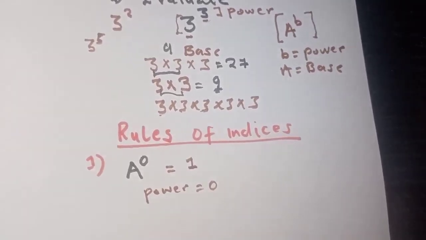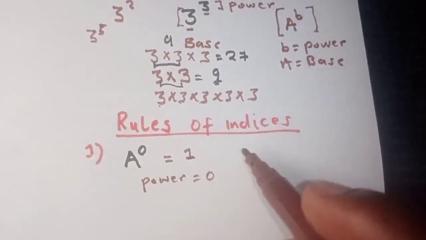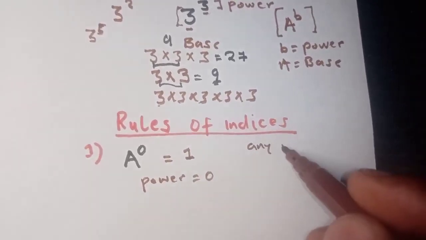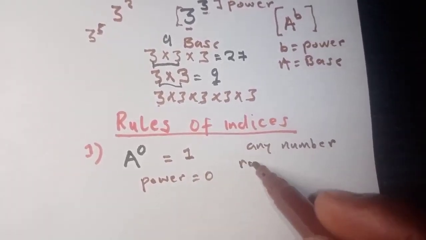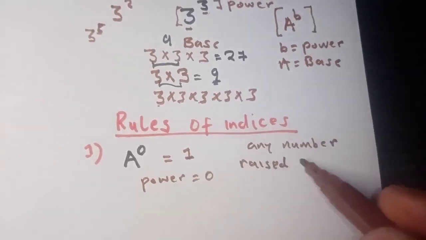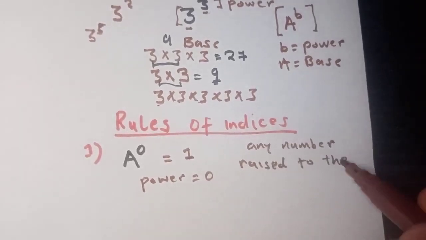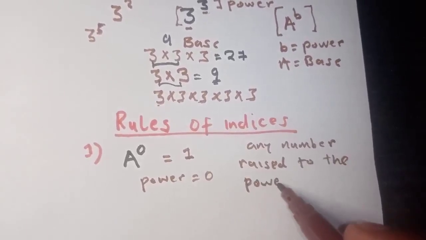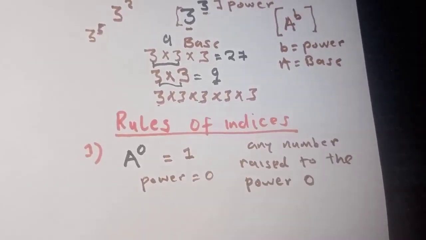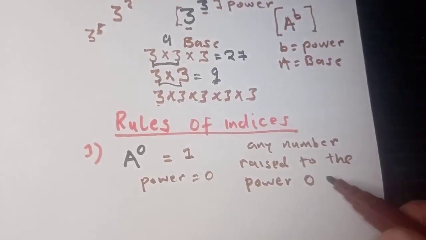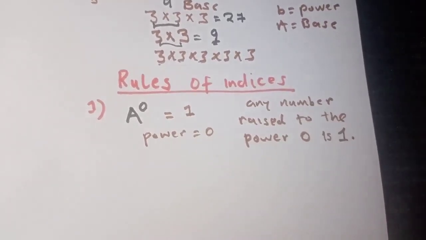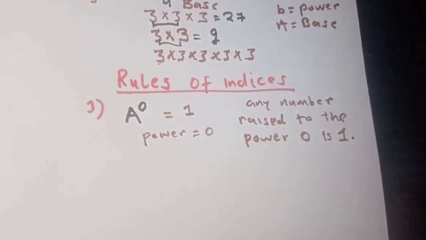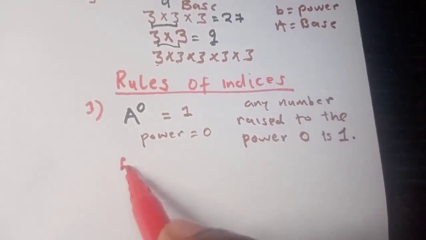So this rule states that any number raised to the power 0 is 1. Any number or letter raised to the power 0 will give you 1.